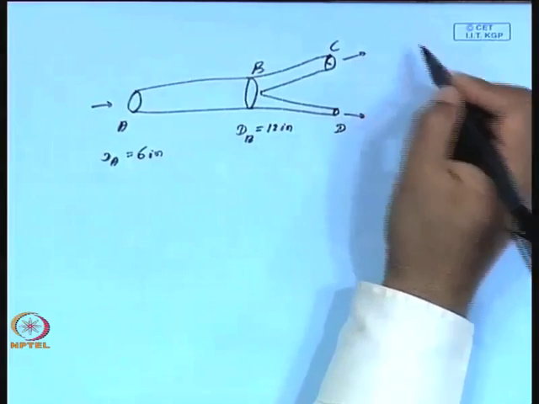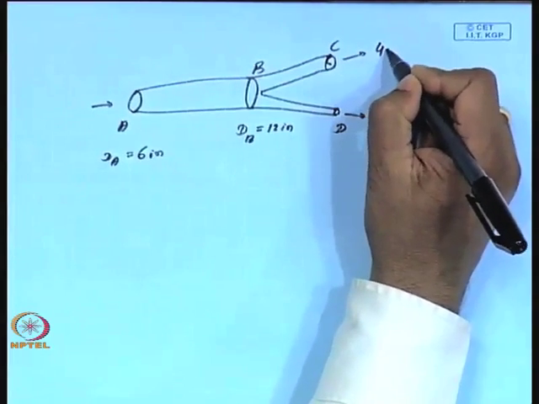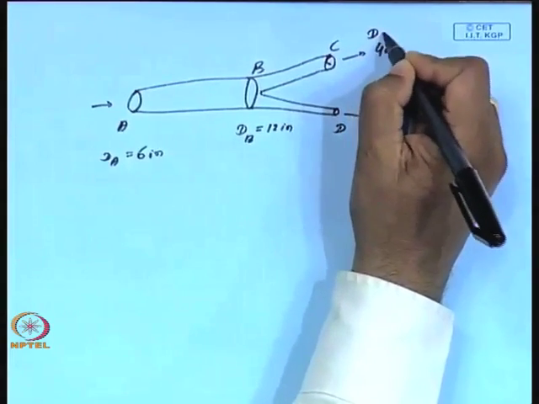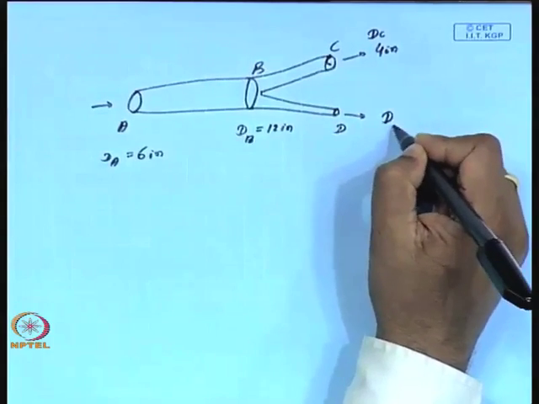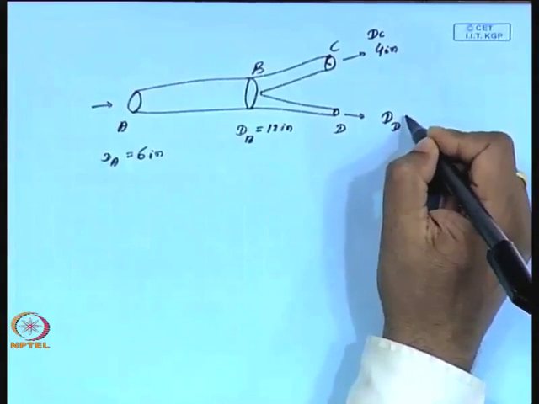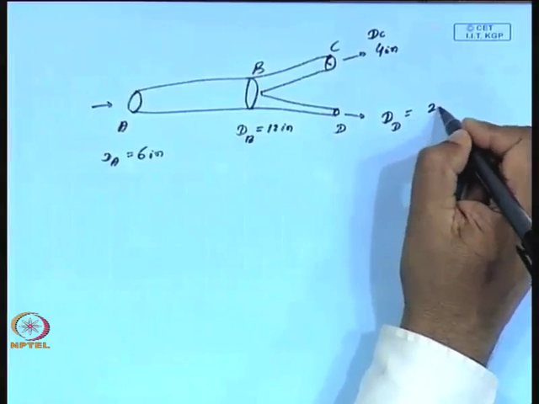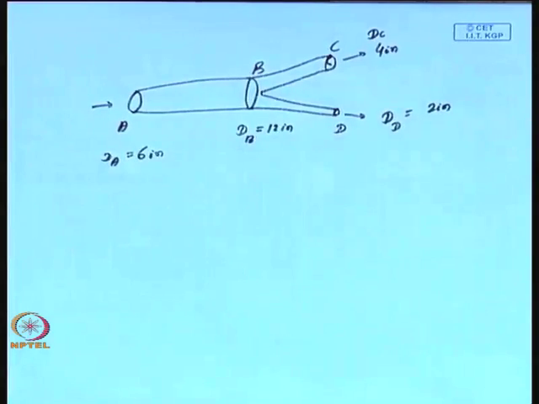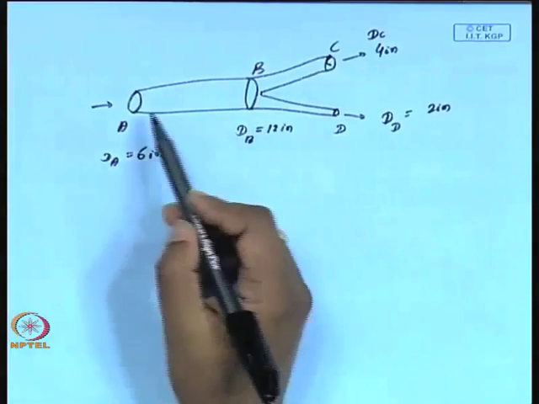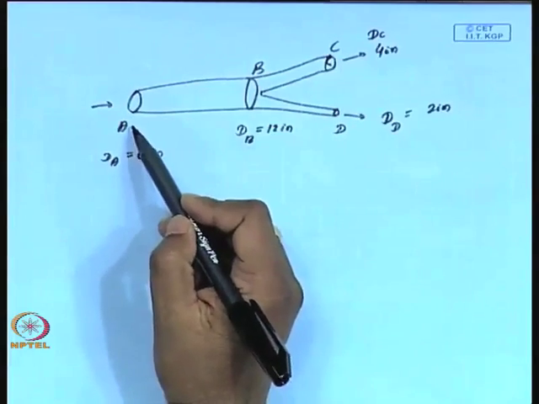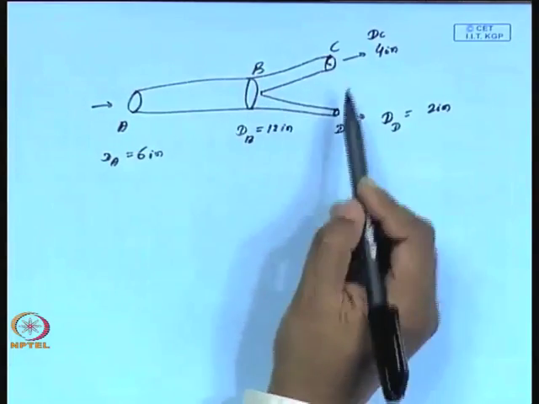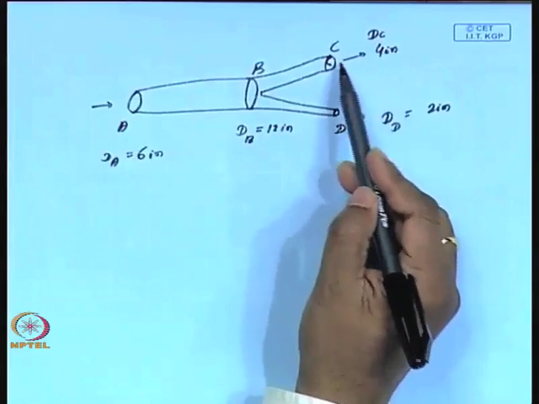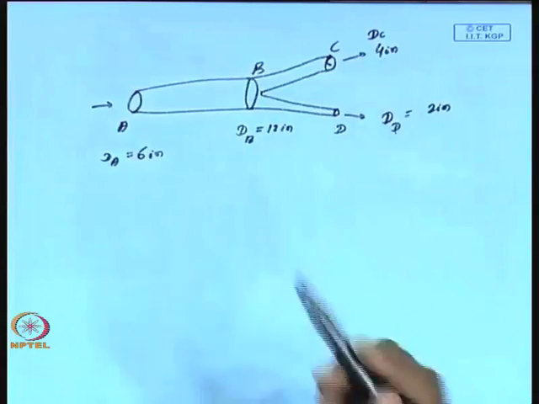At C, this is 4 inch, dC that is 4 inch, and the diameter at this point dD is 2 inch. So it is clear: here the diameter is 6 inch, here the diameter is 12 inch, from there is a bifurcation, and the diameter at point C is 4 inch and here it is 2 inch.